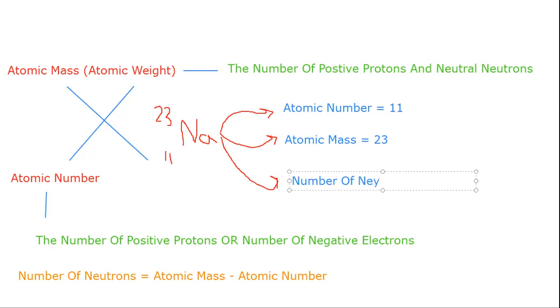Atomic mass minus atomic number equals 23 minus 11, which equals 12. So atomic number equals 11, atomic mass equals 23, while number of neutrons equals 12. I will save this.